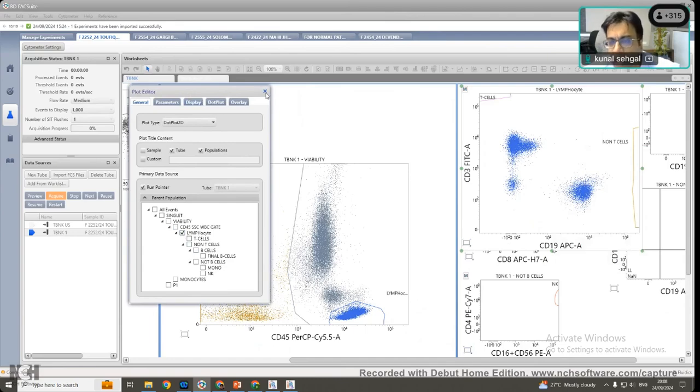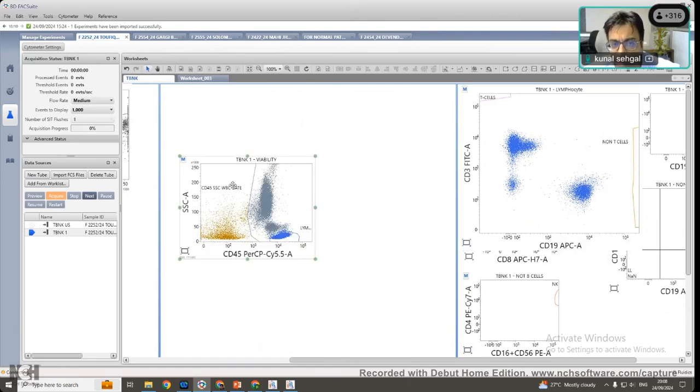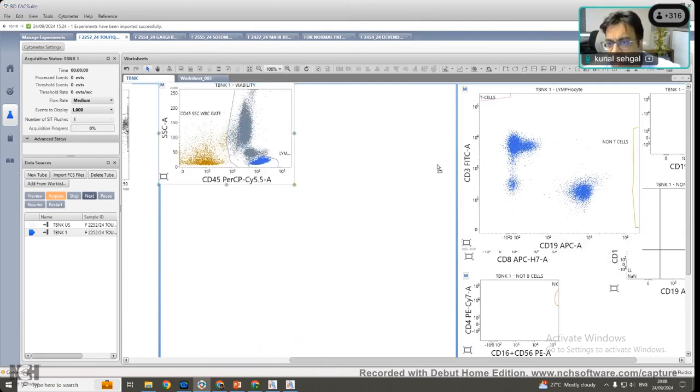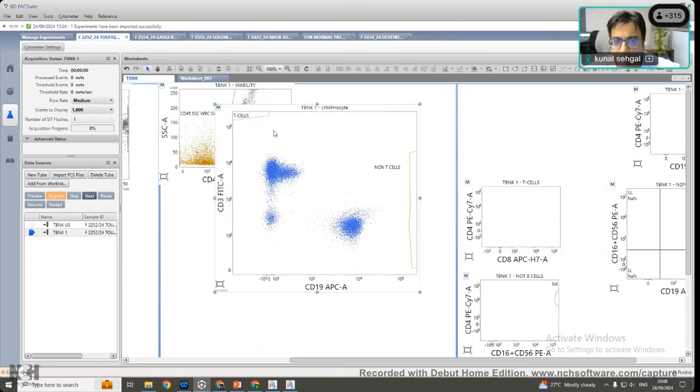Now I know I have put reagents which are T cell markers, B cell markers and NK cell markers. So I am keeping this box over here. What we normally do is gate the T lymphocytes, in any color. I have labeled this just to save time. What are the different subsets of T lymphocytes?